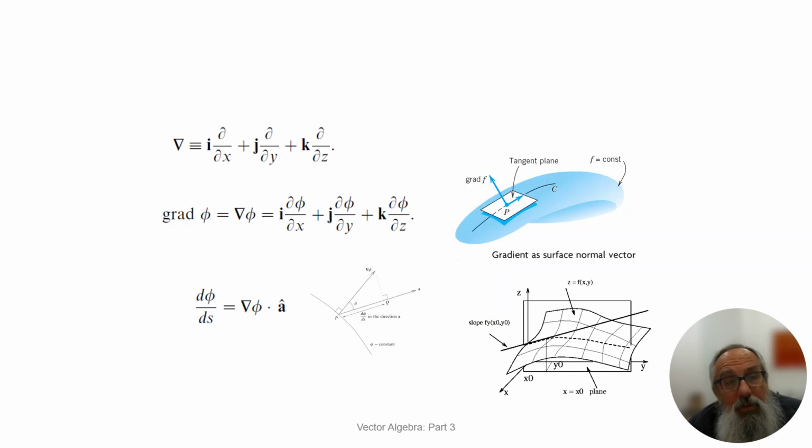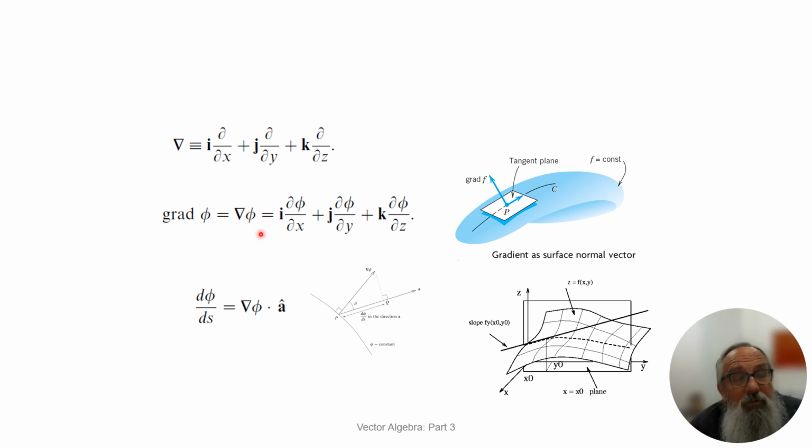We have a sort of notation that is to enable writing down of equations in vector form simply, and we have this so-called div operator or grad operator, which looks like this. So the grad of phi would be written grad phi is equal to this.